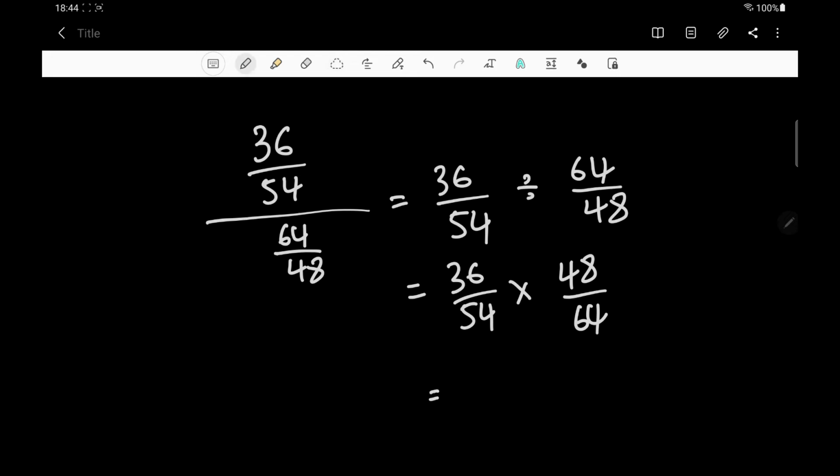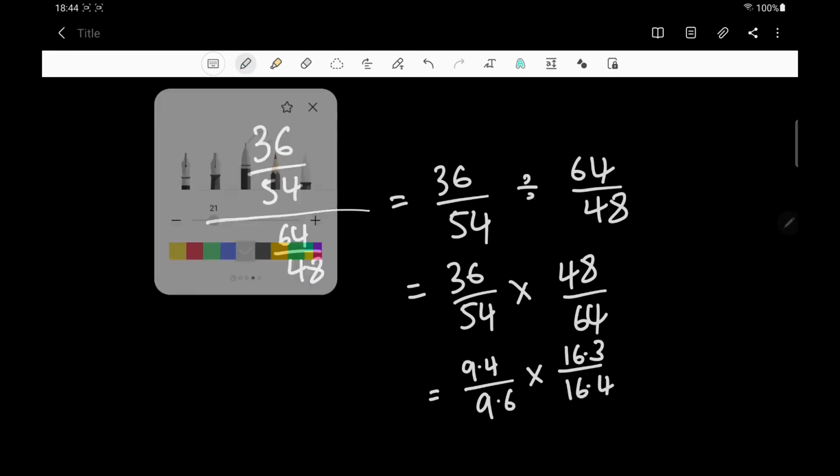36, we can break down to smaller numbers. 9 times 4 is 36, and 9 times 6 is 54. If you want to break down 48, 16 times 3 is 48, and to break down 64, 16 times 4 is 64.